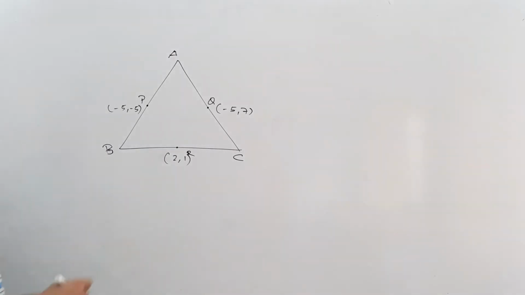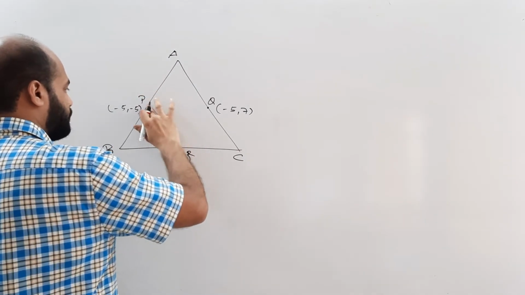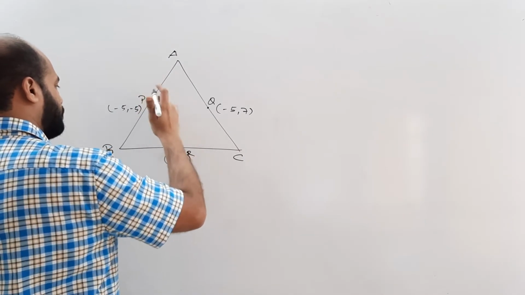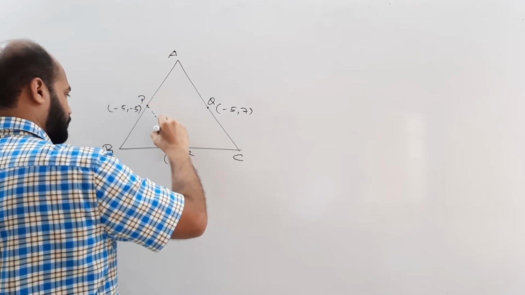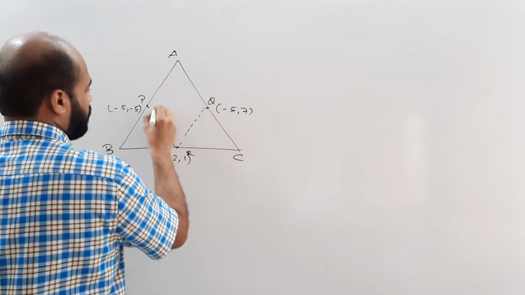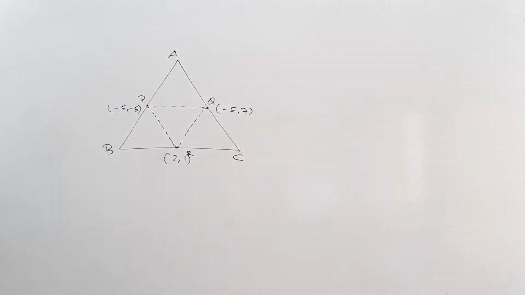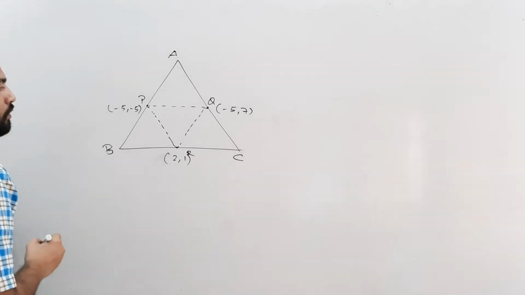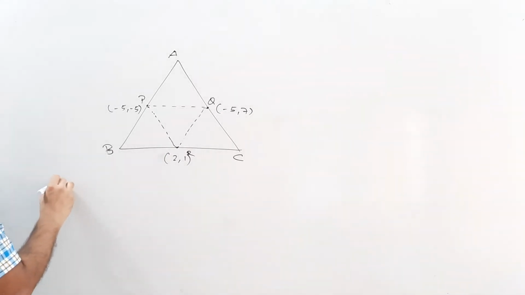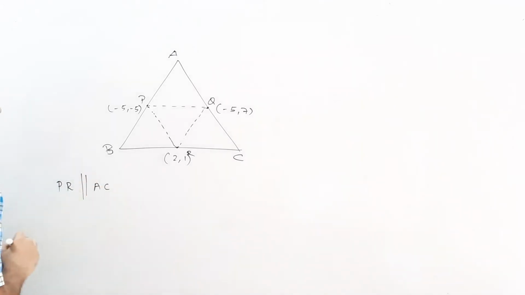So now let's try and connect these points and see what we get. So this is what we get, and now PR is parallel to AC.